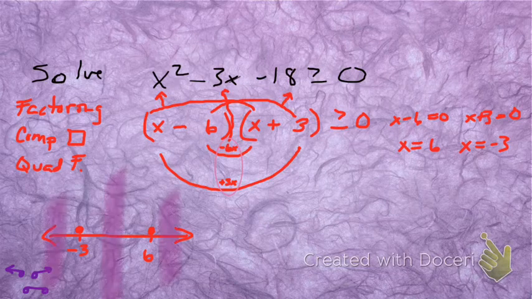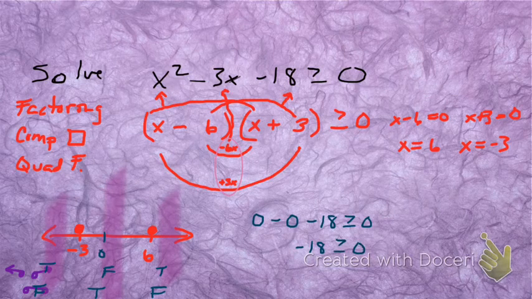Yes? Why don't we test 0? We are going to test 0 to see which one it is. Whether it's true, false, true, or false, true, false. Good idea, Alex. So we put in 0, and we get negative 18 is greater than 0.